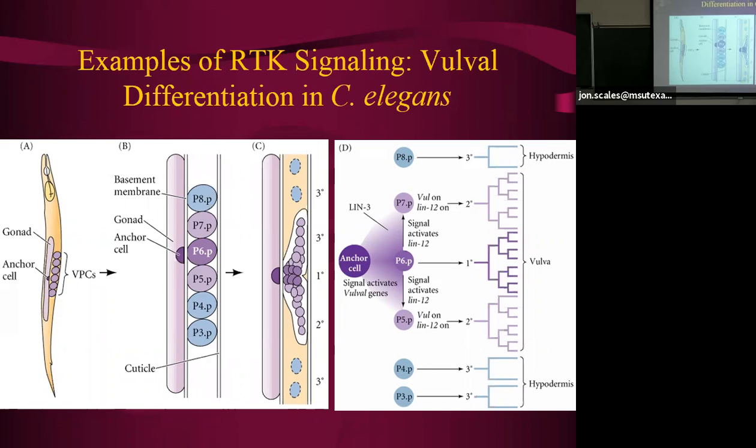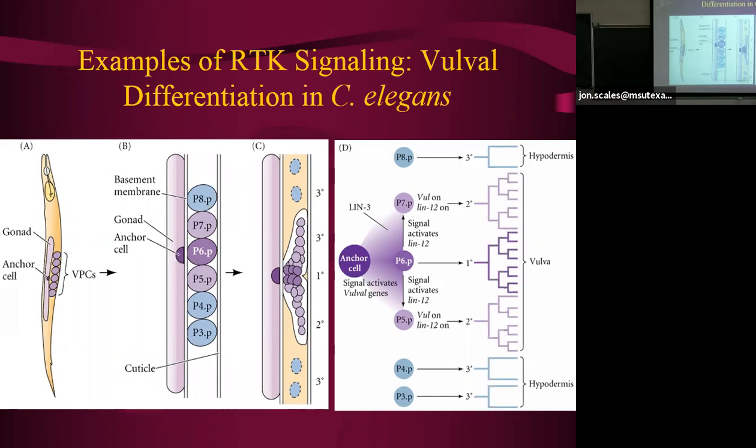Well, those 6 cells are triggered by one particular cell, and it sends out a signal, which is like a growth factor hormone, and it activates LIN12, which is a receptor, a tyrosine kinase receptor, which then triggers these neighboring 3 cells to differentiate into the vulva. And the ones that don't get the signal just continue to be skin.